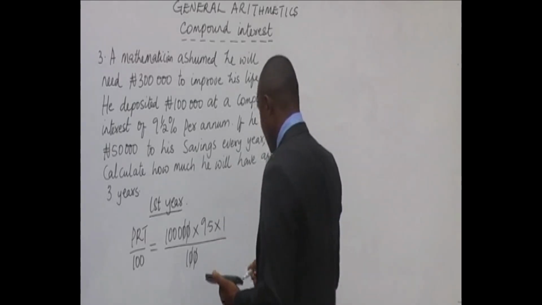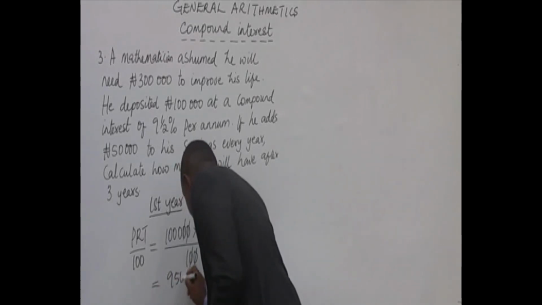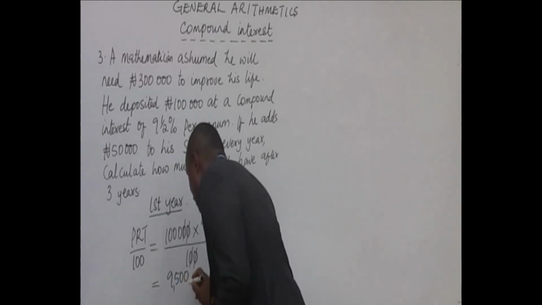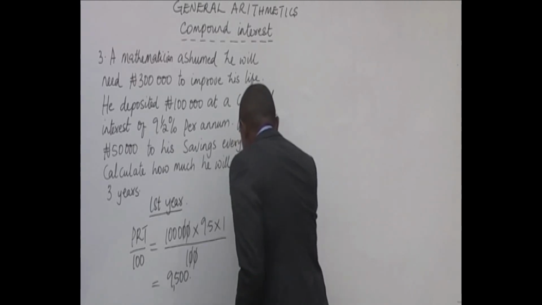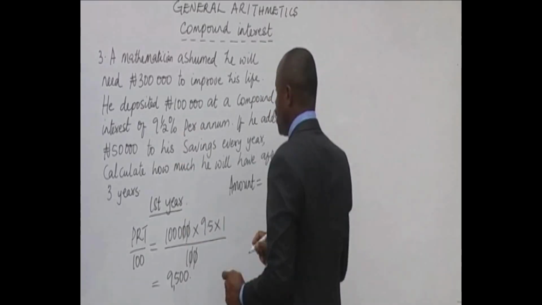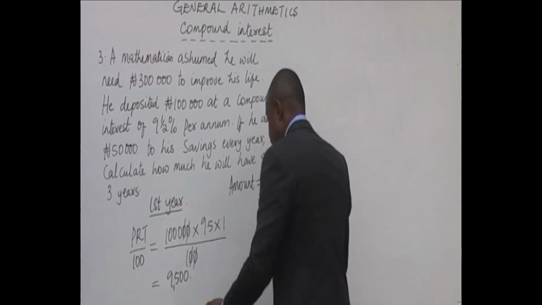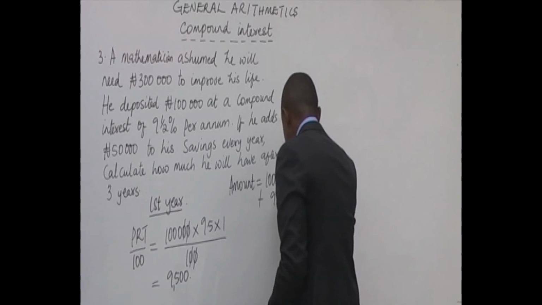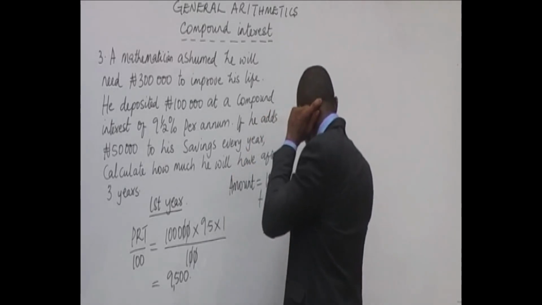If you like, you can still use a calculator. That means the amount after 1 year is going to be the principal he invested, which is 100,000 naira, plus the accrued interest after 1 year, which is 9,500. It's going to give us 109,500.